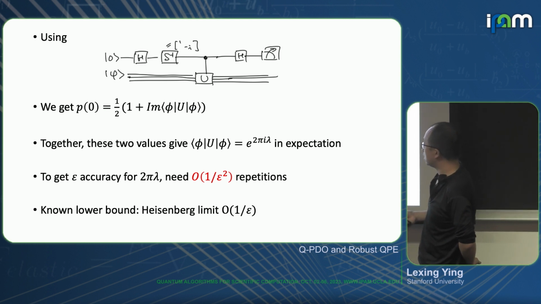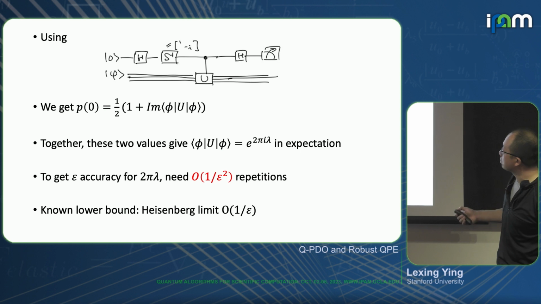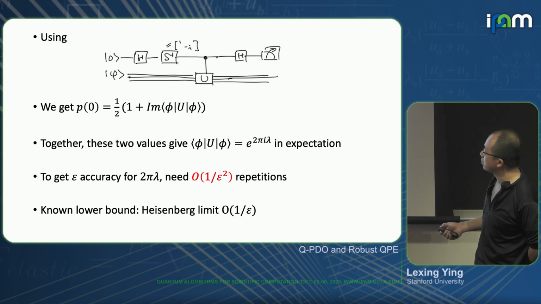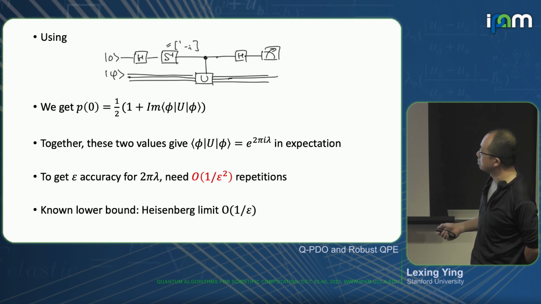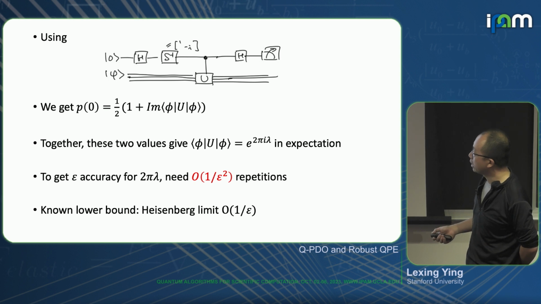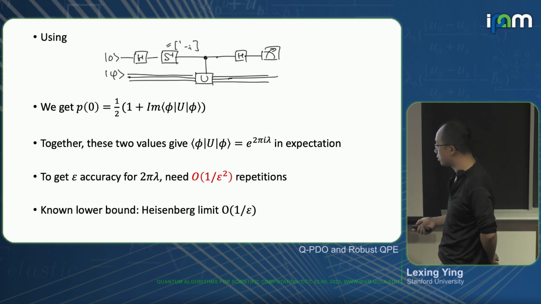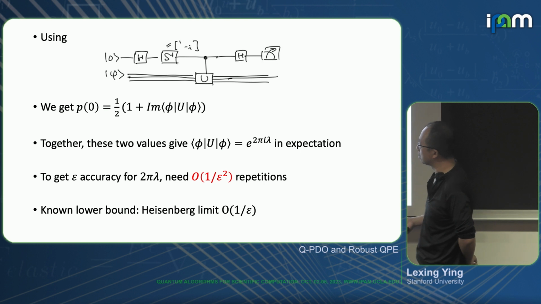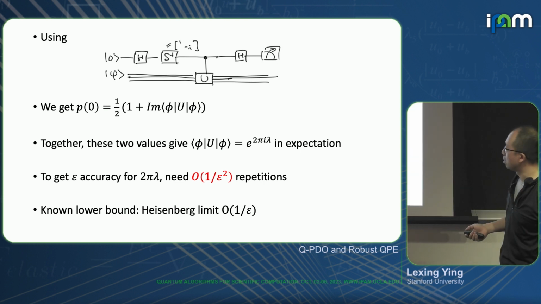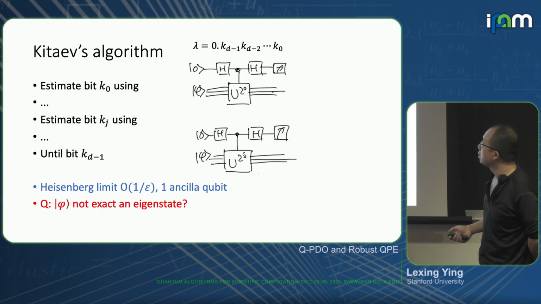Now this is a very simple circuit, but obviously that 1 over epsilon squared, hopefully we can improve this. And in fact, from, for example, Yu's tutorial and also from yesterday, we know that if you do something smart, you can get down to something called the Heisenberg limit, which is order 1 over epsilon.